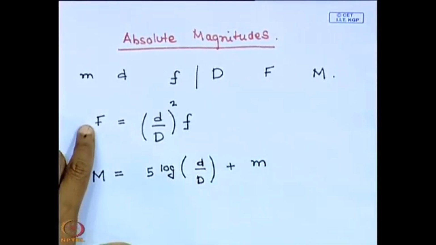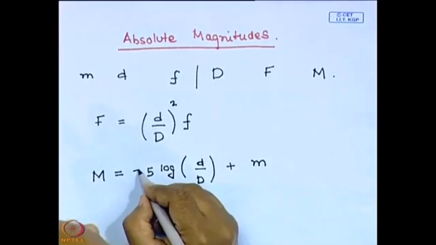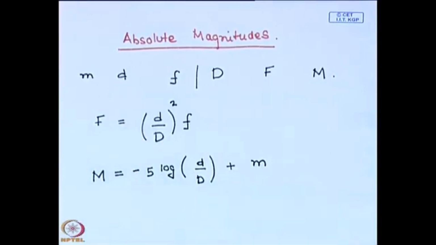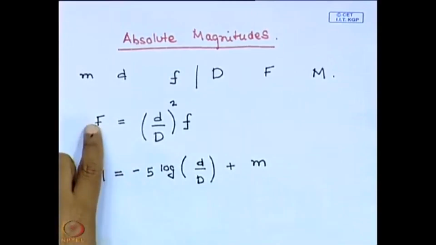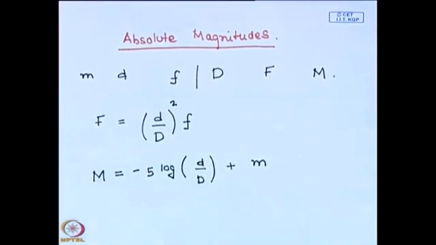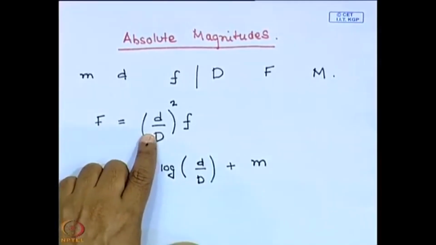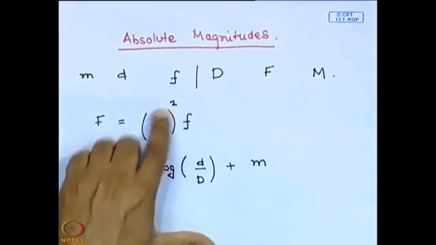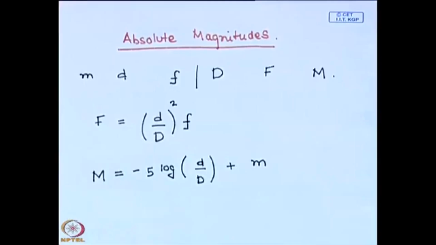So, I take the log and then multiply it with minus 2.5, which will give the magnitude corresponding to a distance capital D. So, similarly, I have to take log here and then multiply with minus 2.5, which will give me minus 5 log. So, this is it.